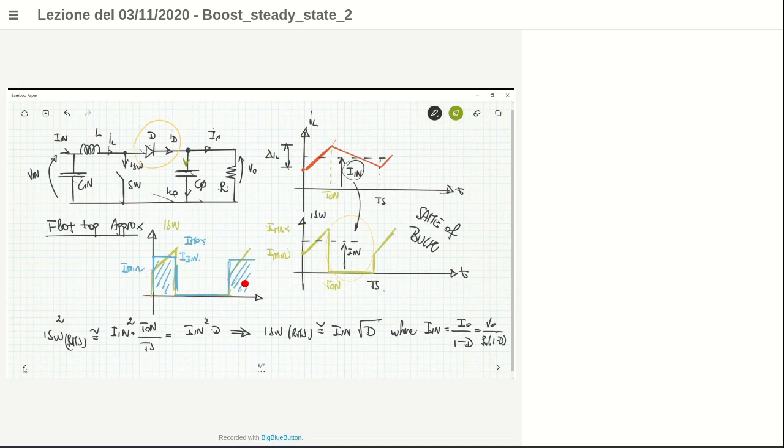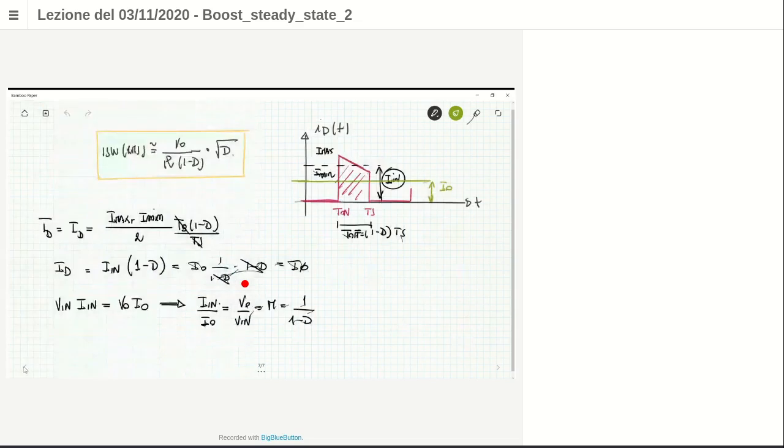So that means that no DC current can flow to C naught. All the DC current that you have in the current through the diode ID flows entirely to the output. So the DC component of the current ID, which is its average value, is naturally the same as I naught. So nothing surprising.